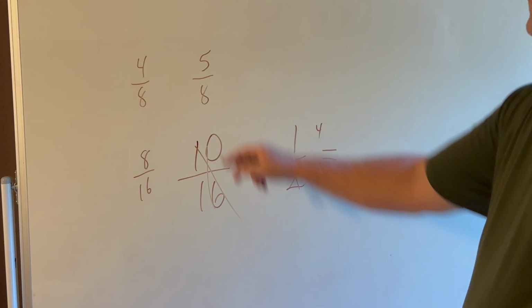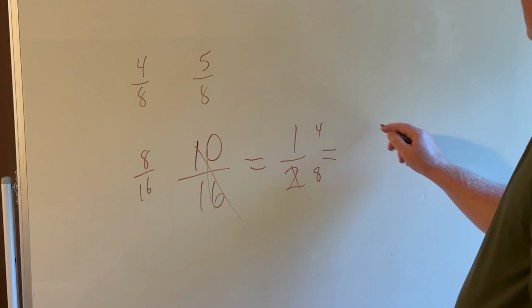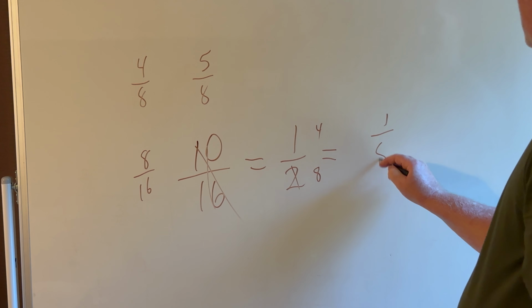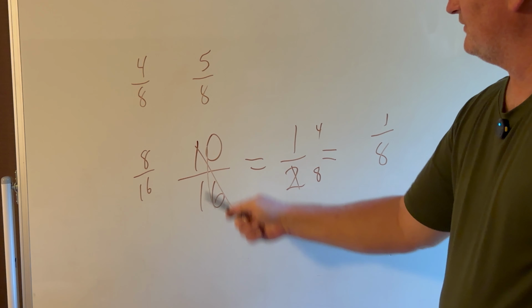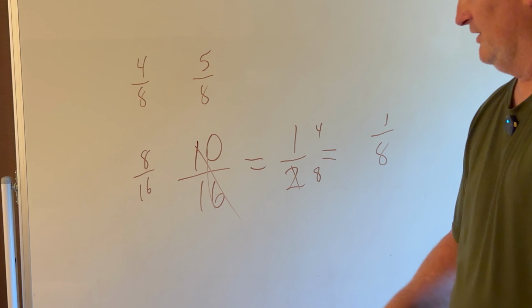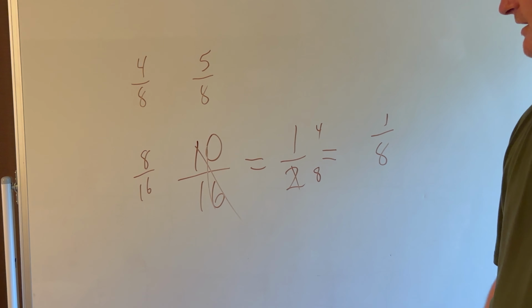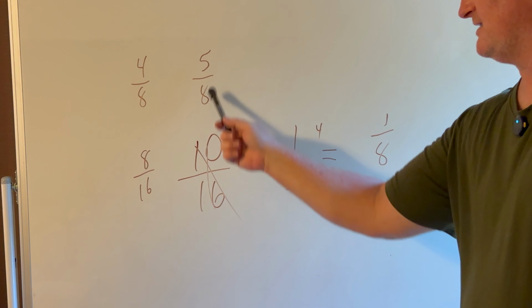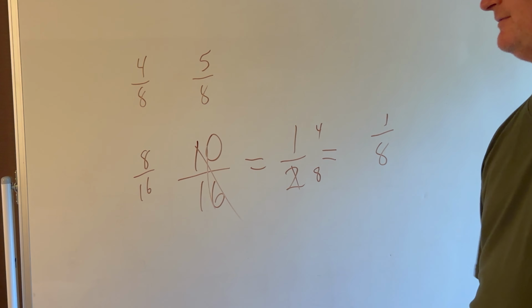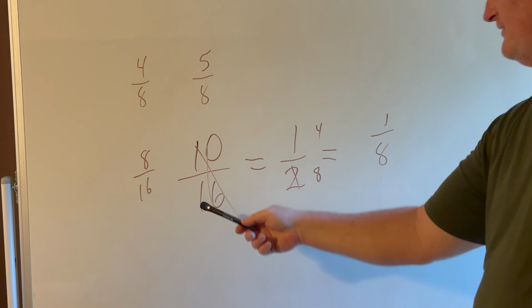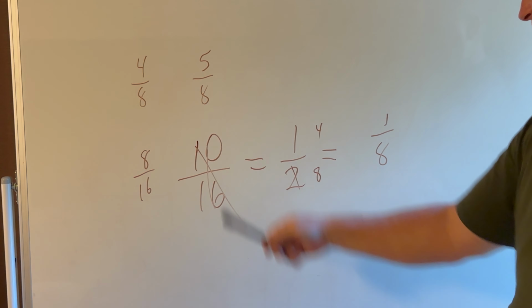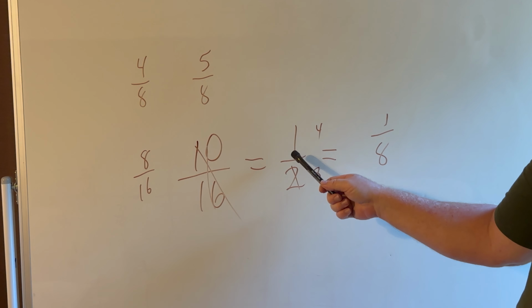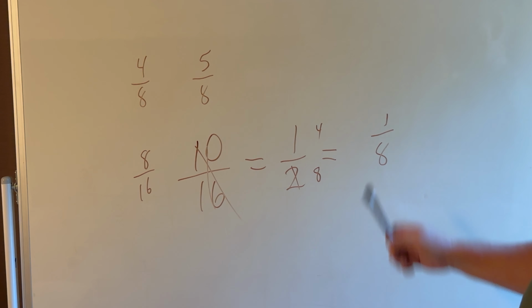If we turned that into 5/8, we could have 4/8 and 5/8. And we still end up with 1/8, because we could draw. It's 10/16. 2/16 make an 8, right? 8/16, 10/16. That's 2/16. That's an 8. That's 5/8. And if we turn 10/16 into 5/8, and we turn the half into 4/8, we get 1/8.